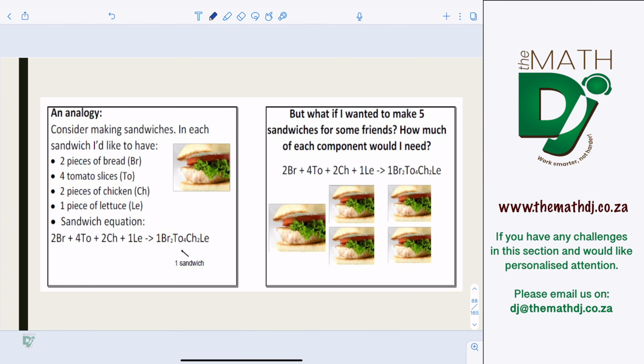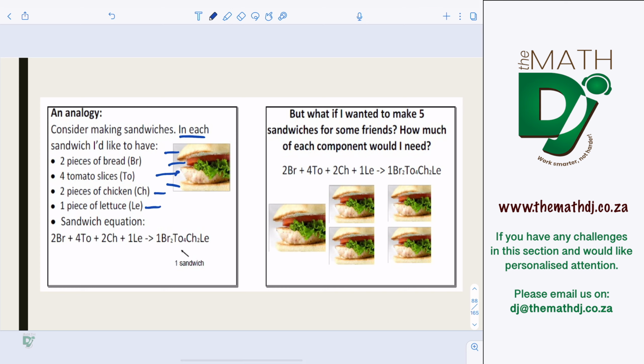So here's an analogy. Consider making sandwiches, and in each sandwich I would like to have 2 pieces of bread, 4 slices of tomato, 2 pieces of chicken, and a piece of lettuce.